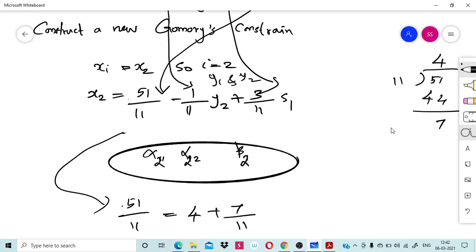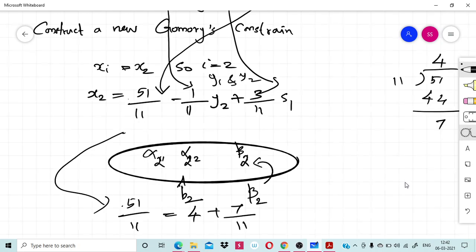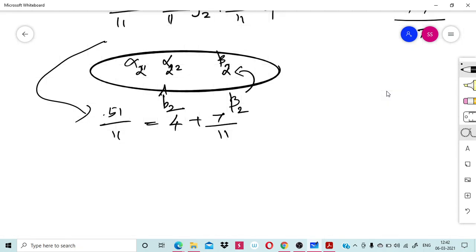So this will be b2 cap, and this will be beta 2. Okay, so you got this beta 2.